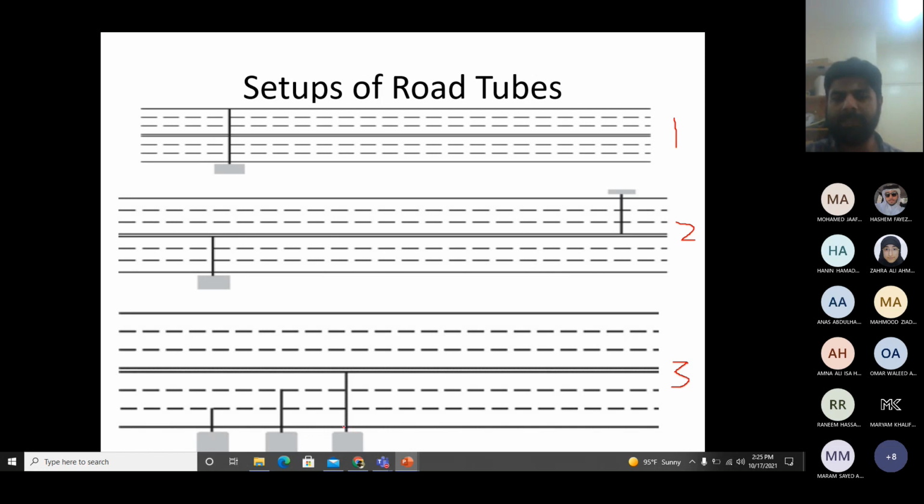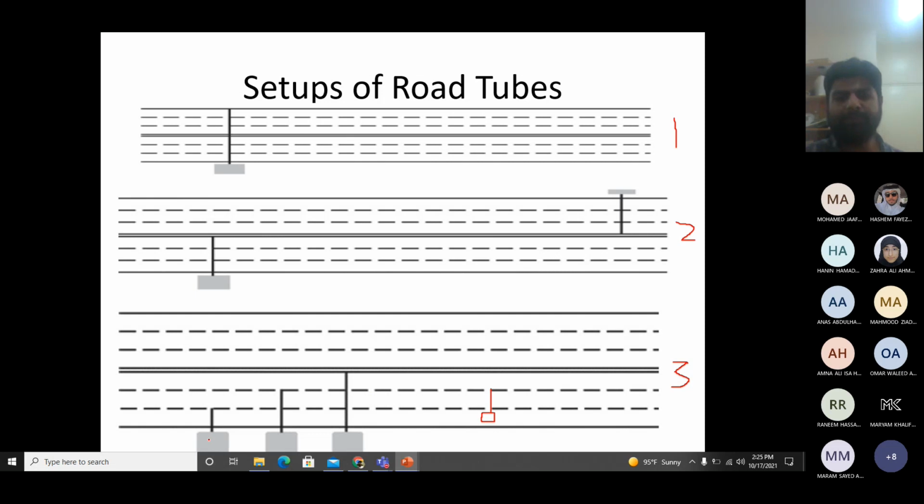So what will happen to the middle lane in that case? If I use each road tube for each lane, then where would I put the sensor? The road tube will be across the middle lane and the sensor will be somewhere here, and this is blocking the right hand side lane. So this arrangement cannot work. So we go for this arrangement.